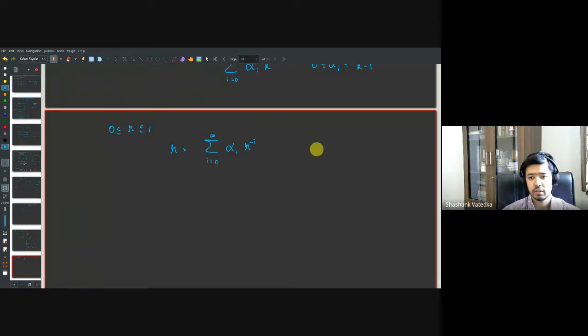All right. So if we know that r is strictly less than 1, then you can take the summation i going from 1 to infinity, and each alpha_i is between 0 and k minus 1.